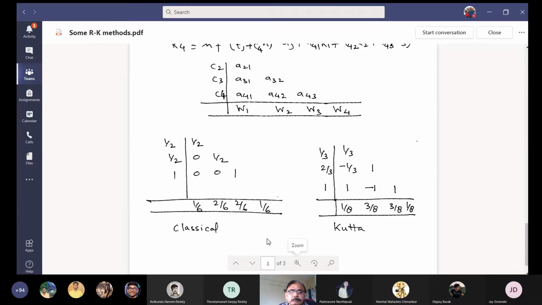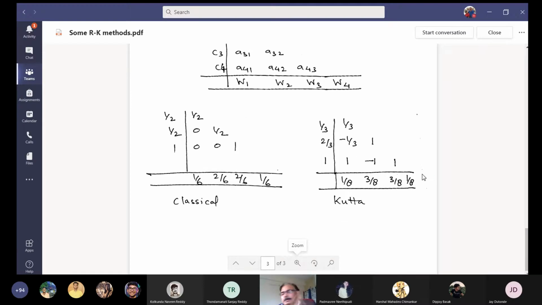In most of the cases, I can just tell you a bit of hint here. You will find that 1 plus 2 plus 3 plus 1. That is your 1 plus 2, that is 3, plus 2, 5, plus 1, 6 by 6, 1. Here also you can see that 1 plus 3 plus 3, this is again 8 by 8, 1, like that.